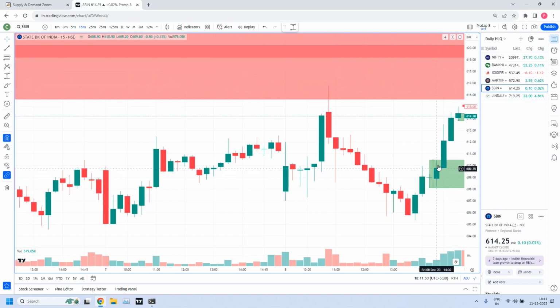If that is the case, my target is not this target. Whichever the most recent demand zone is created, that is going to be my target. If that is the case, I have to change my target to the newly created demand zone. So by keeping that point, I prepared my trade plan.